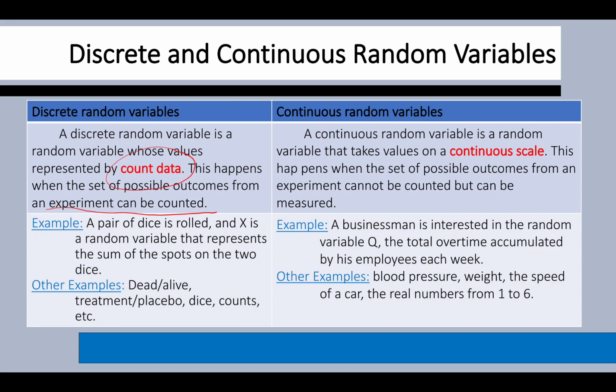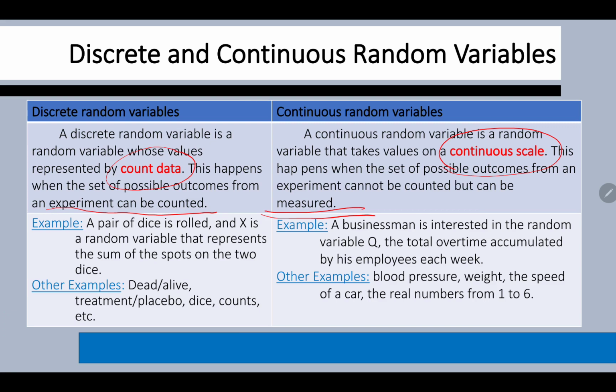Meron tayong mga example diyan. Pero on the other hand, when we say continuous random variable, yung values natin dito sa ating random variable ay continuous scale. Nangyayari to kapag yung mga outcomes natin ay hindi pwedeng bilangin. Hindi natin siya pwedeng bilangin by eyes, by pointing at them. We can only give values to them when we try to measure the random experiment.